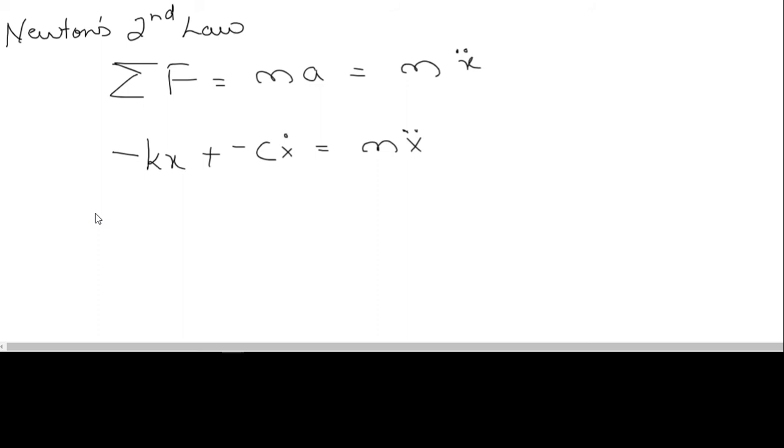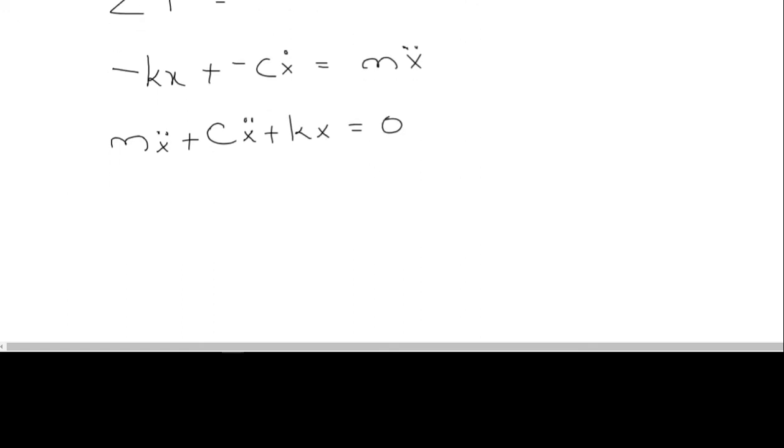So we can reduce this equation to m x double dot plus c x dot plus kx is equal to 0, in the specified order.